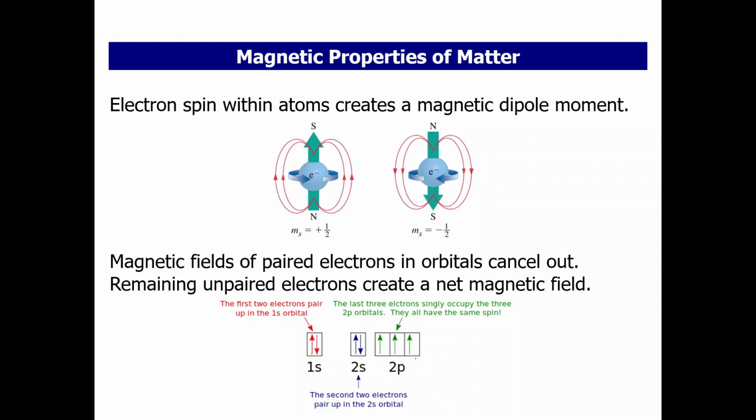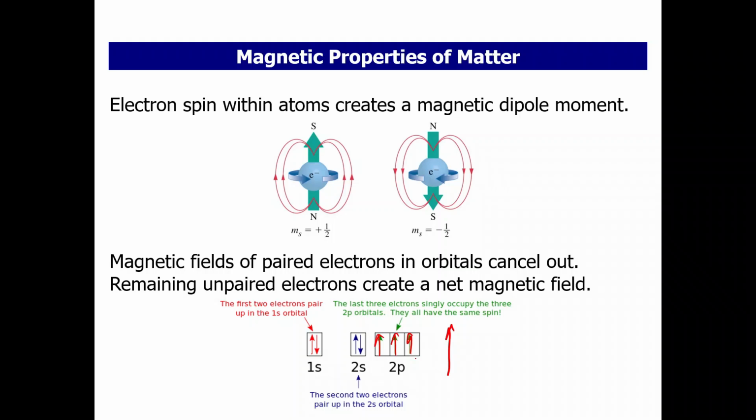This is a single individual nitrogen atom. Now we know that nitrogen atoms don't actually occur in nature by themselves. They like to be paired. They're diatomic. But if you did have an individual nitrogen atom, it has these 3 unpaired electrons. So those have similar magnetic fields. The magnetic fields of each of these unpaired electrons would add to create a net magnetic field.